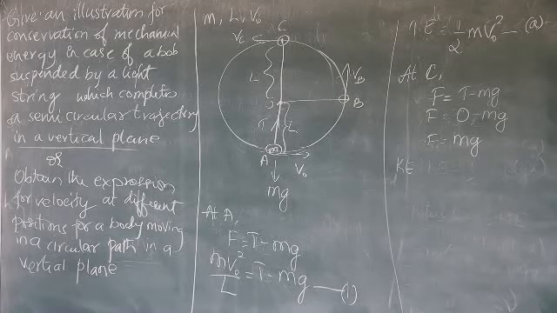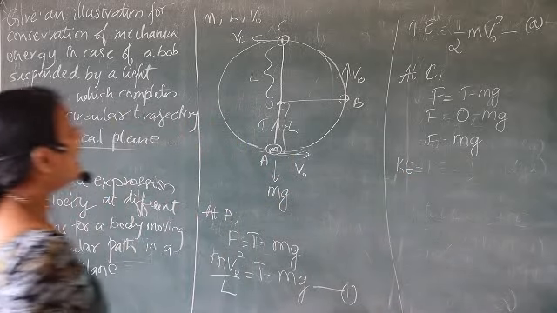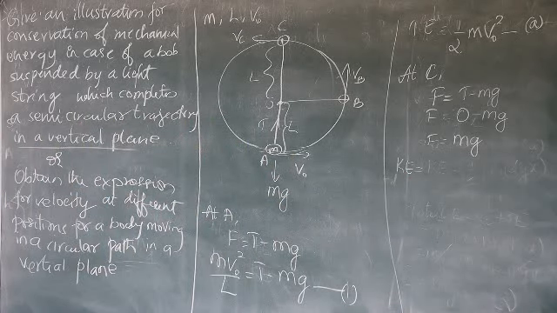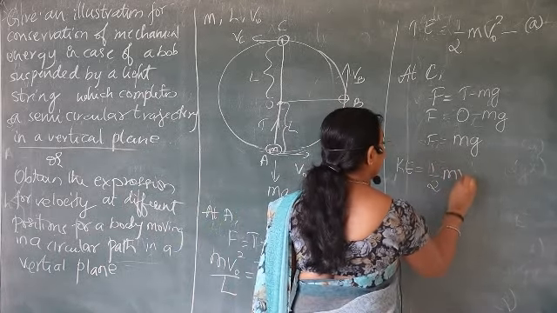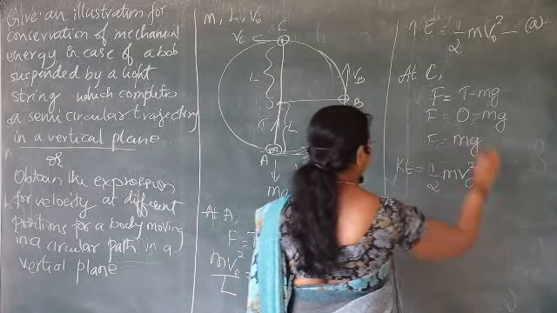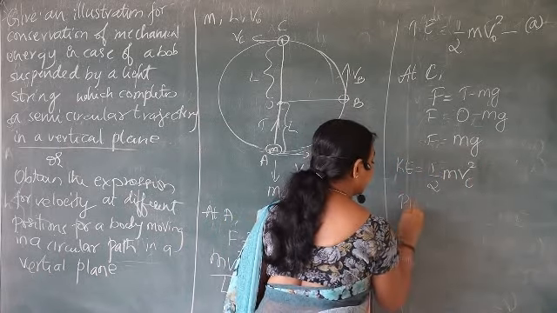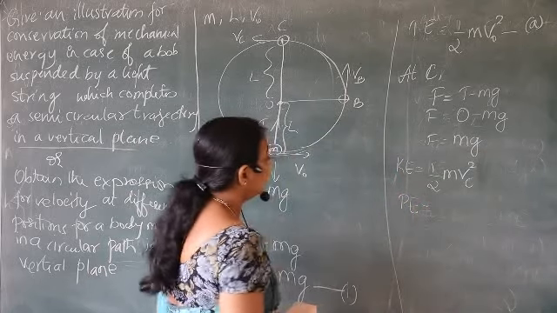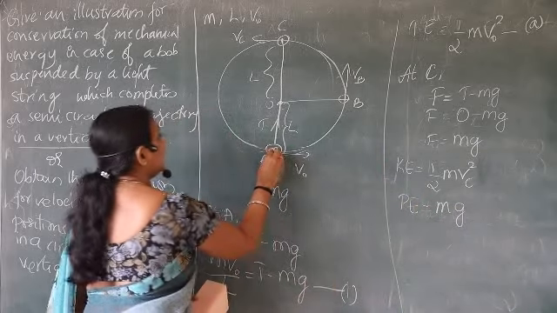The kinetic energy is half m vc square. And the potential energy is mgh. What is h when we consider from this point?